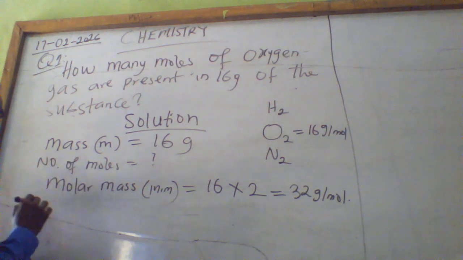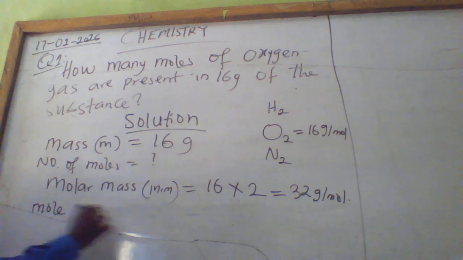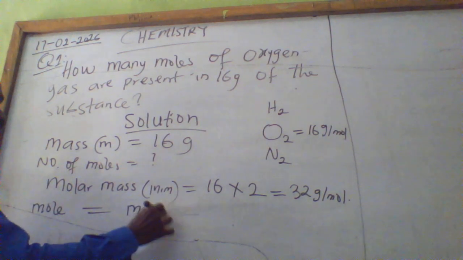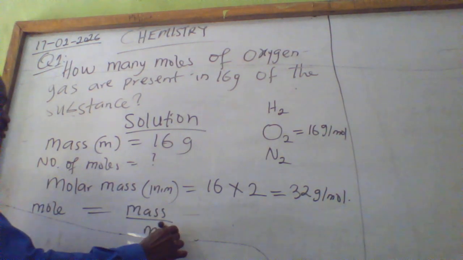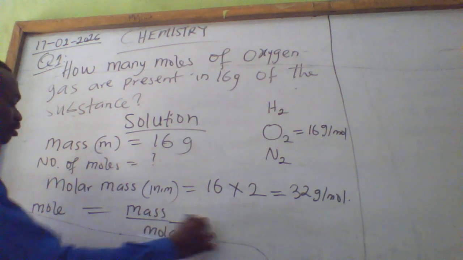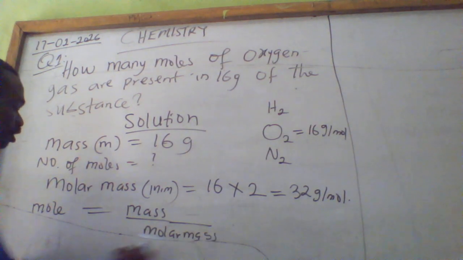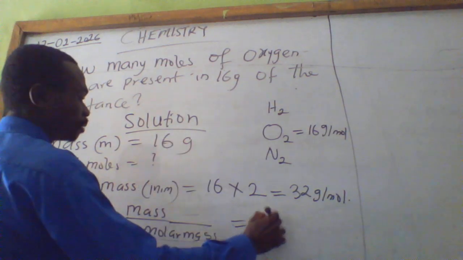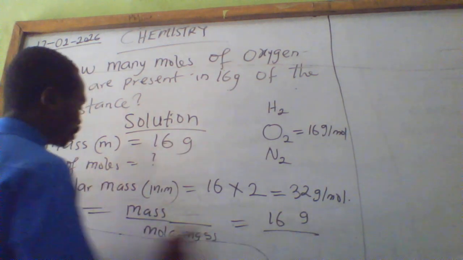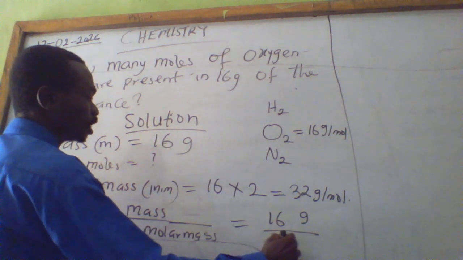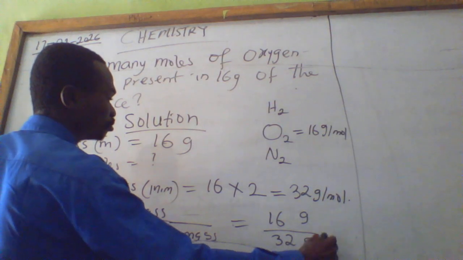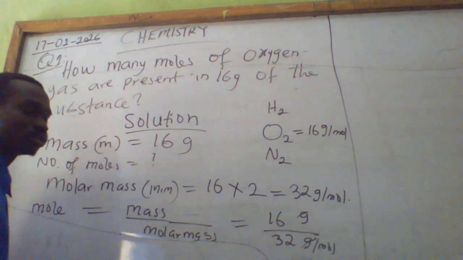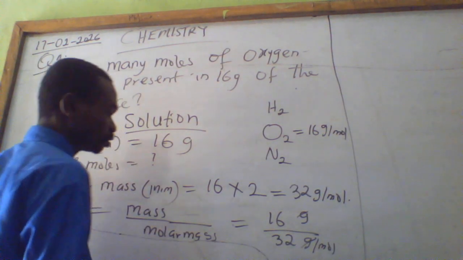So our mole in this case is mass over molar mass. What is the mass? 16 grams, and our molar mass is 32 grams per mole. So by the time this one, you have an inverse, that's the reciprocal.